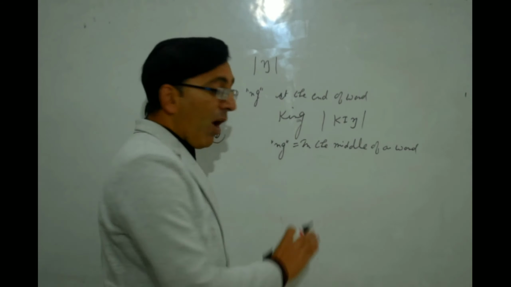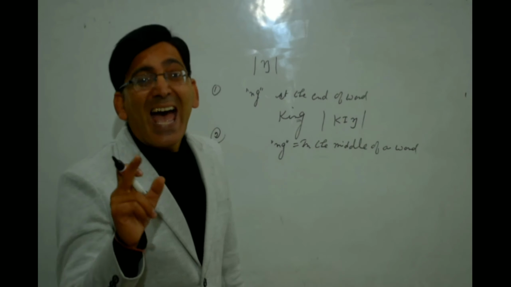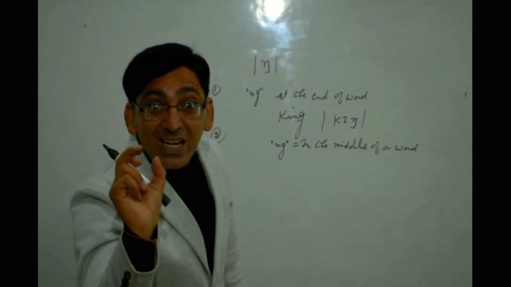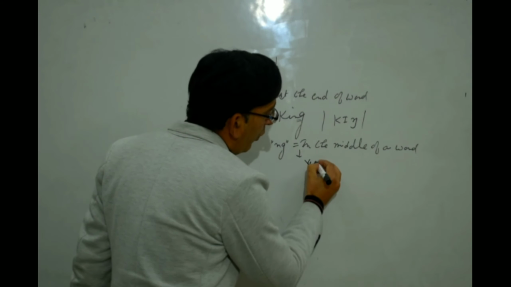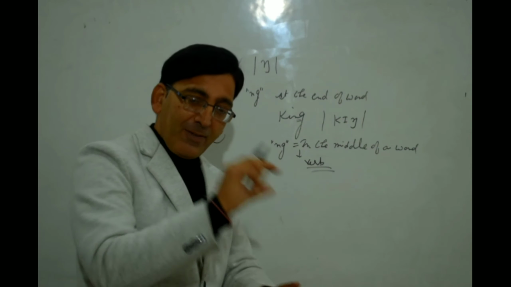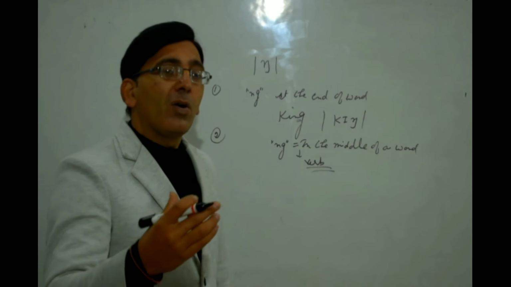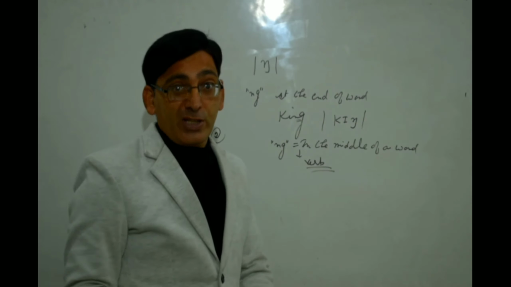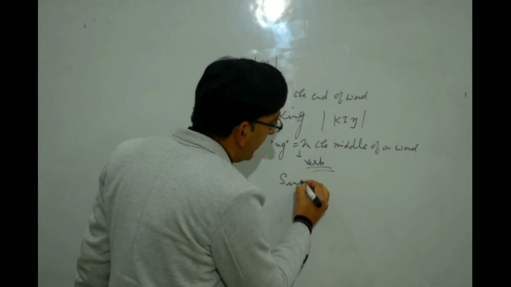But if the combination NG comes in the middle of any word, and that root word, the main word, is a verb, if it comes in the middle of any word and that word comes from a verb, then in the middle also it is pronounced as this one. Just I want to give you an example.